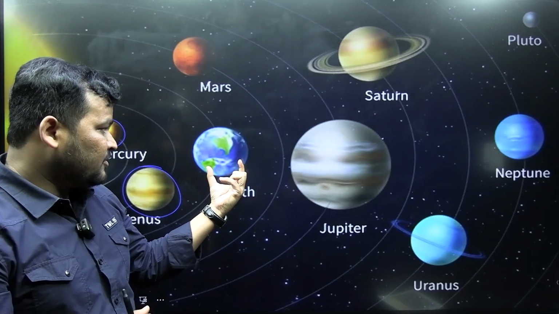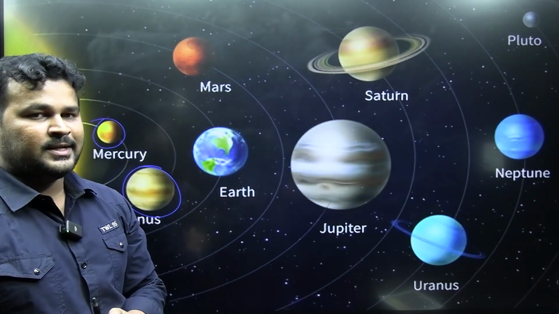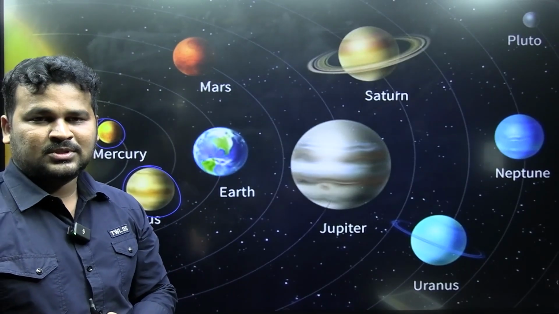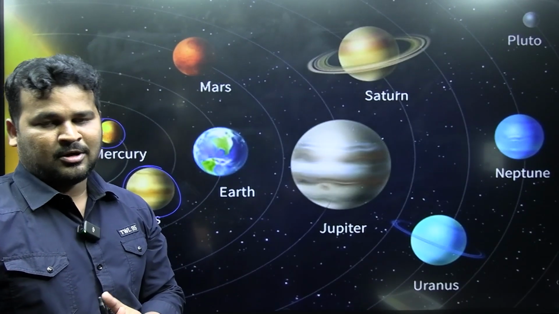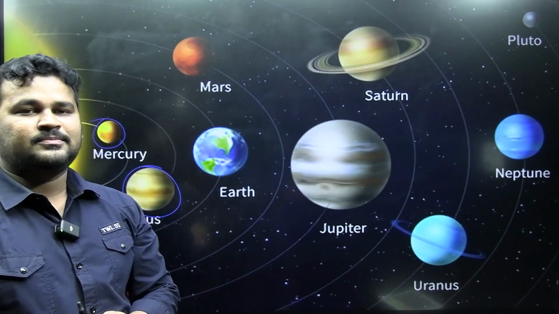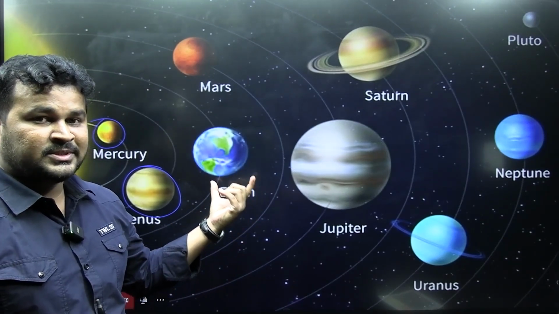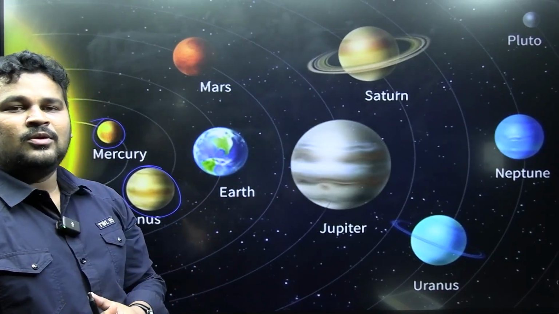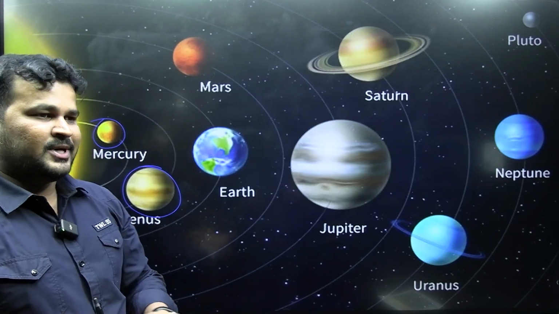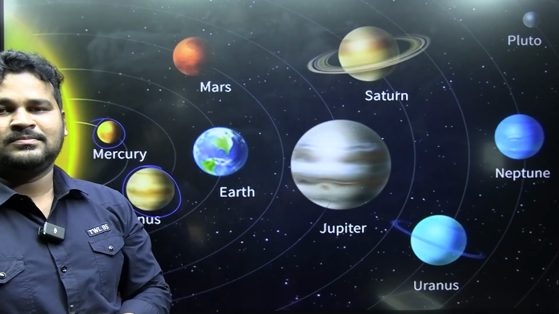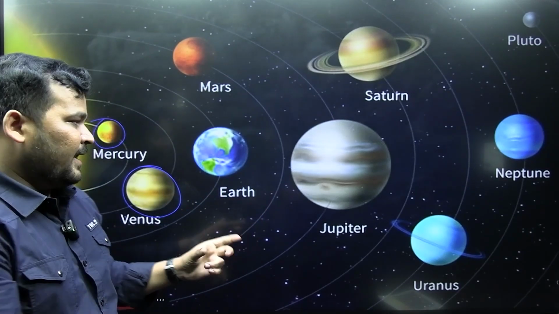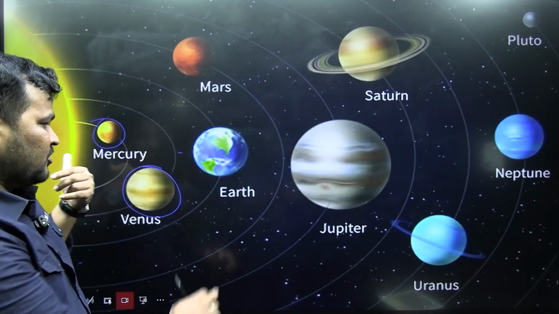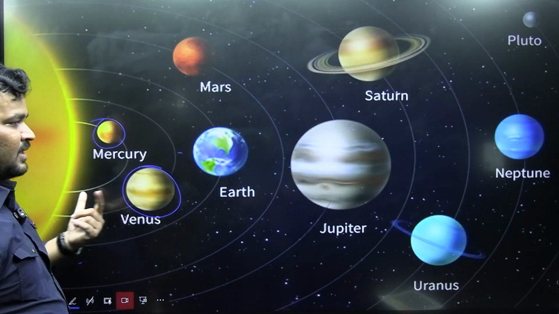Why does it look blue? Because Earth has almost 70% water. Due to the presence of 70% water, it looks blue in color. So that's why our Mother Earth is regarded as the blue planet. Earth is the third planet from the sun.